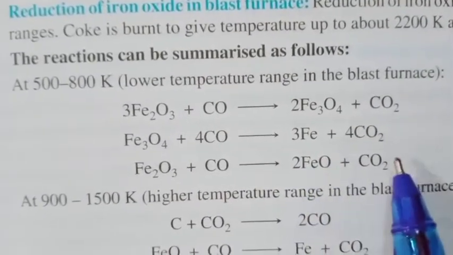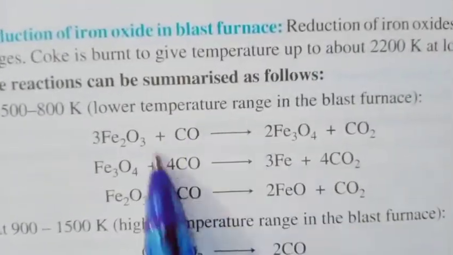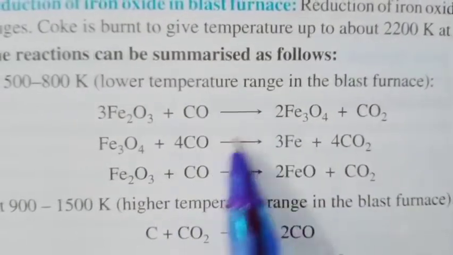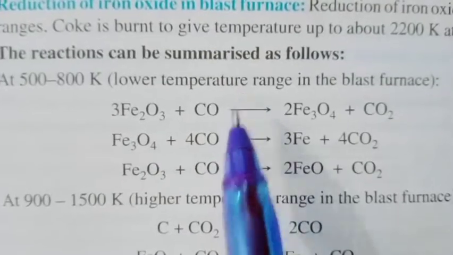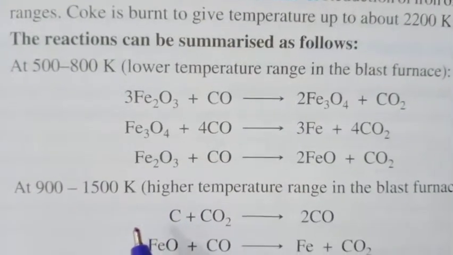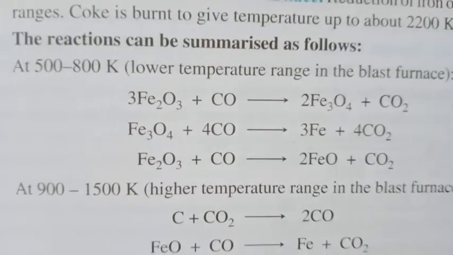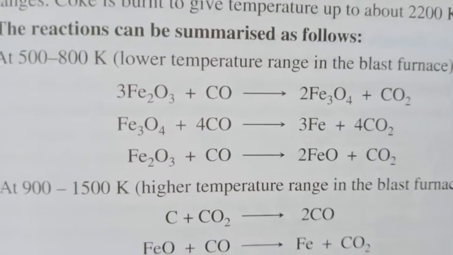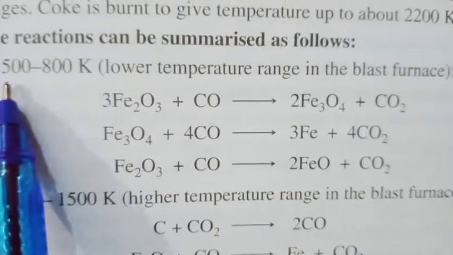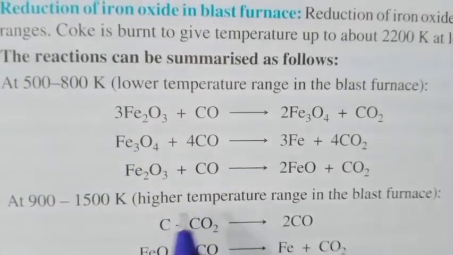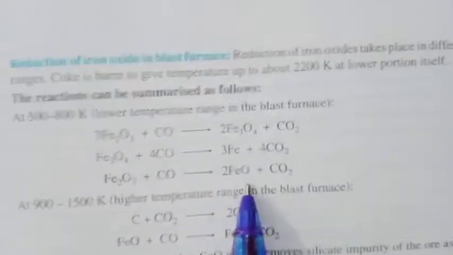That means in this particular case the reducing agent is carbon monoxide, and this carbon monoxide is produced from coke. Coke on combination with oxygen produces carbon dioxide, and carbon dioxide reacts again with carbon to produce carbon monoxide. So at lower temperature, starting from 500 to 800 K, carbon monoxide is the basic reducing agent.